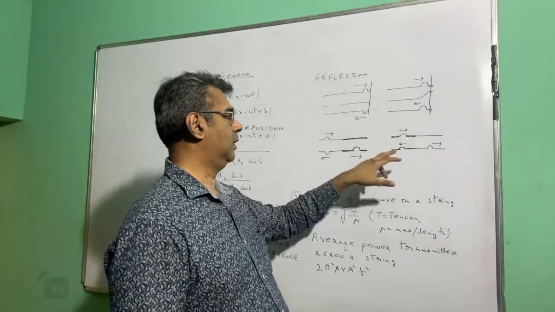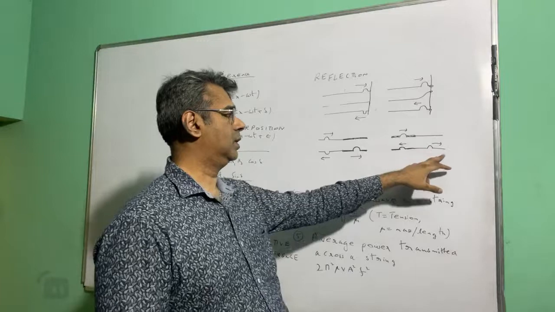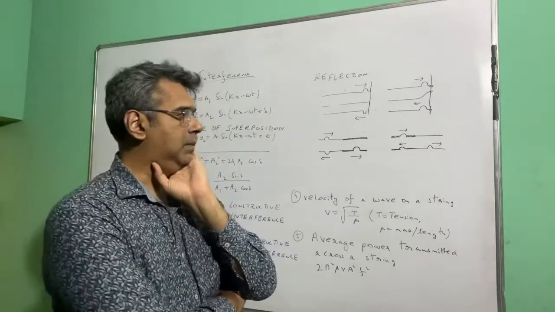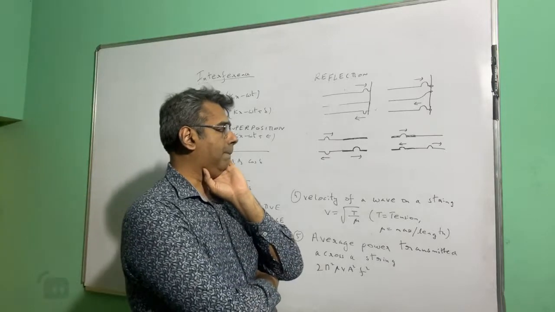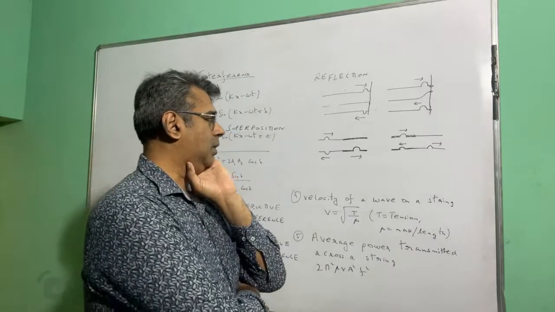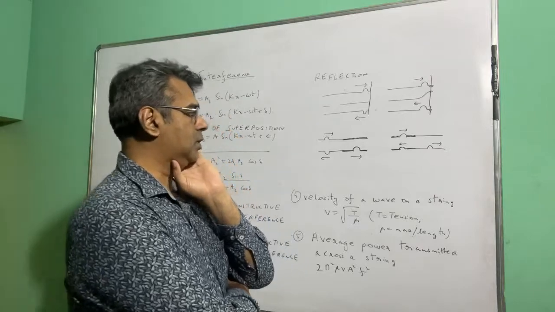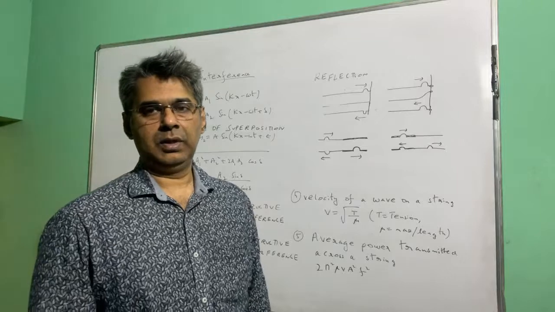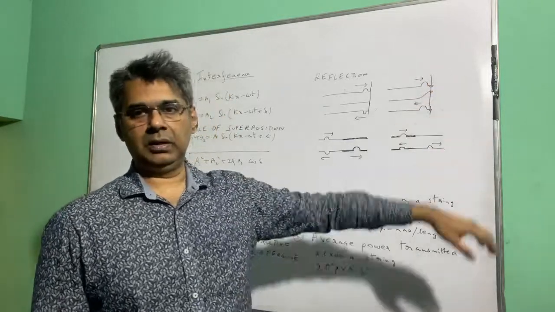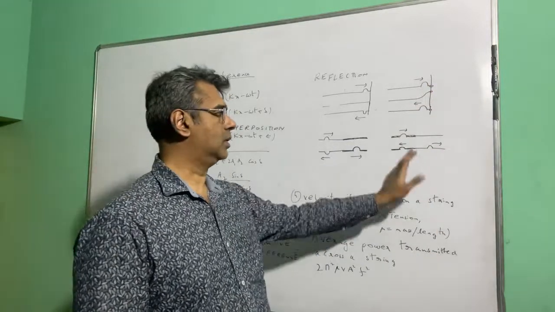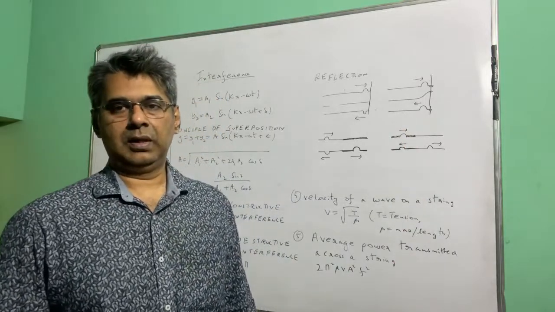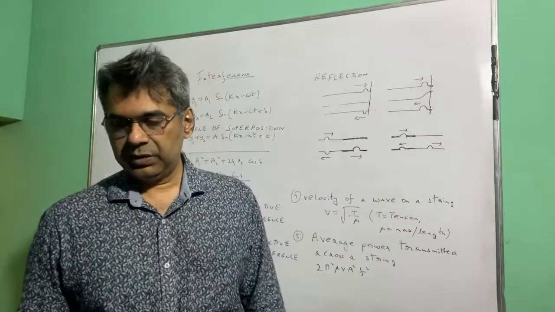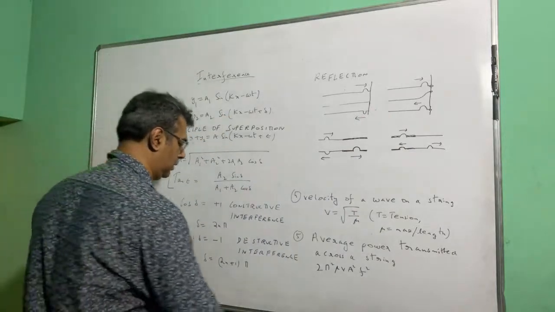So here the reflected and the original will be in the same phase, and the transmitted will also be in the same phase as the original, simply because this time the string which is in the latter part is a thin string, so it is acting like a ring moving on a sliding wire. So this is the topic, reflection and transmission of waves.